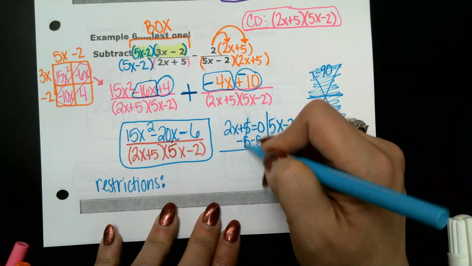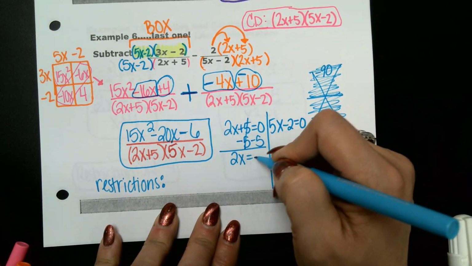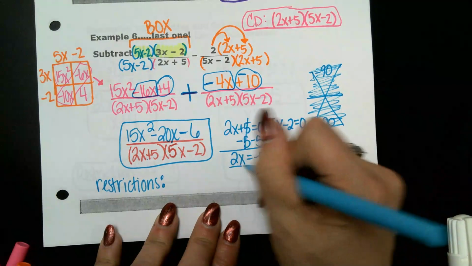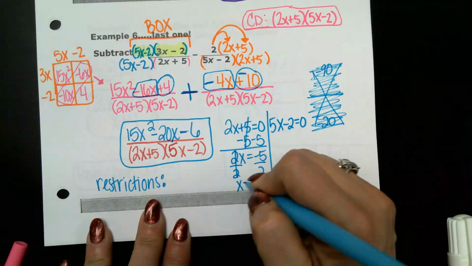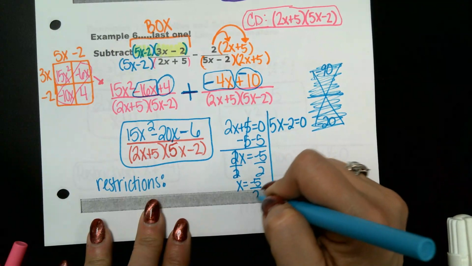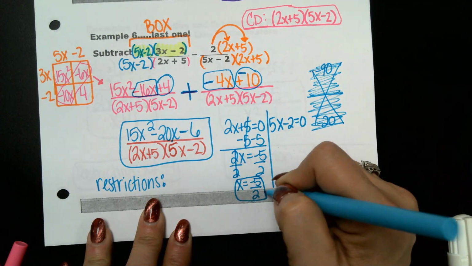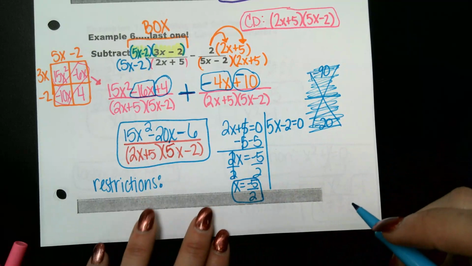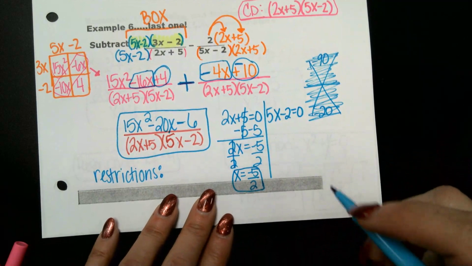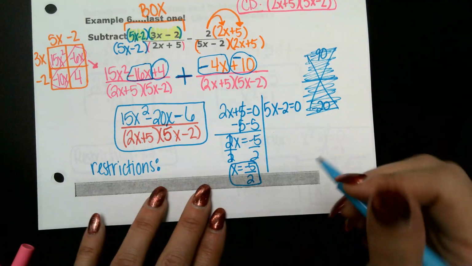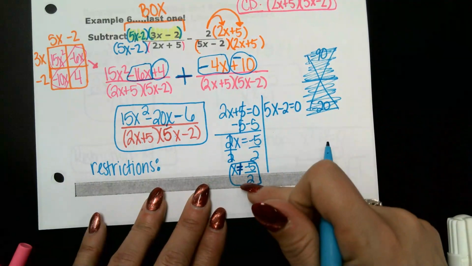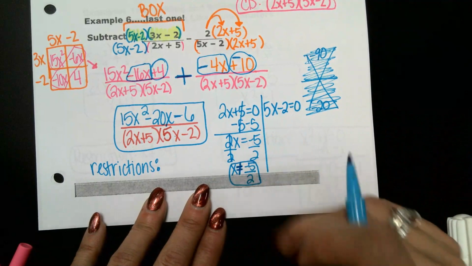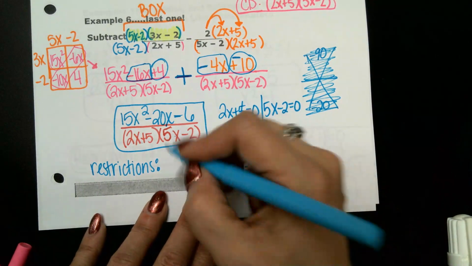Well, you're close. Yeah, because I would subtract 5 to get negative 5. And when we divide by 2, it's negative 5 halves. So x actually could not equal negative 5 halves. So when you solve that, just stick that diagonal line through it. That means not equal.